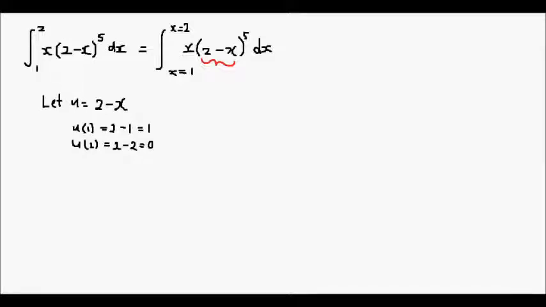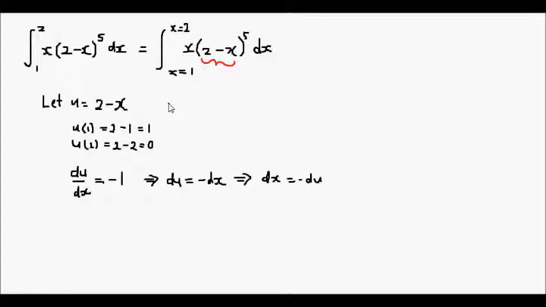Now, as I said, we've got to transform this from an integral with respect to x to an integral with respect to u. So we've got to find an expression for dx. We do that by differentiating our expression for u with respect to x. So du/dx is equal to -1. That means du can be expressed as negative dx, and that means dx is equal to negative du.